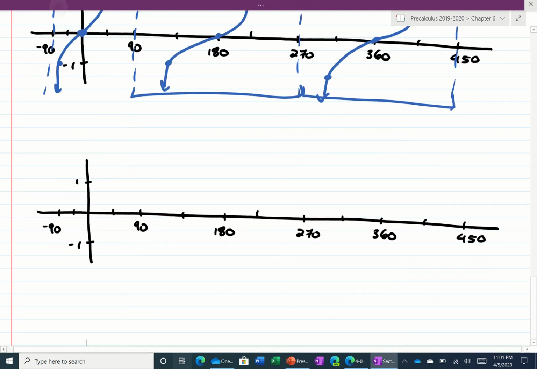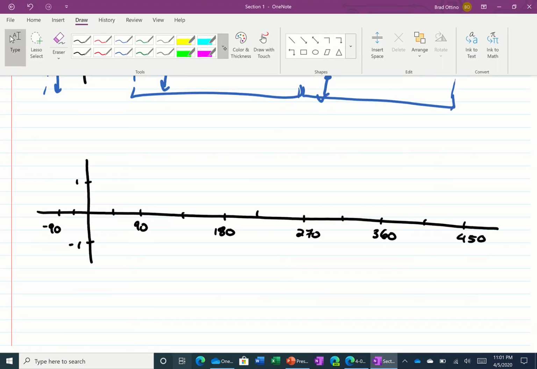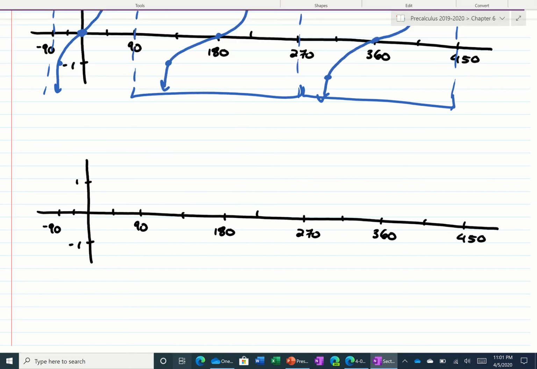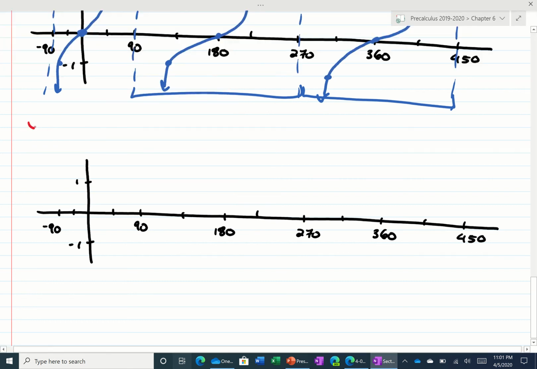All right, let's finish with cotangent. So y is equal to the cotangent of theta. Looking at my chart, it's 0, it's undefined. Then it goes 1, 0, -1, undefined. 1, 0, -1, undefined. 1, 0, probably -1, right?